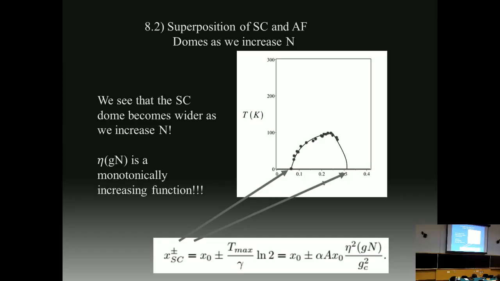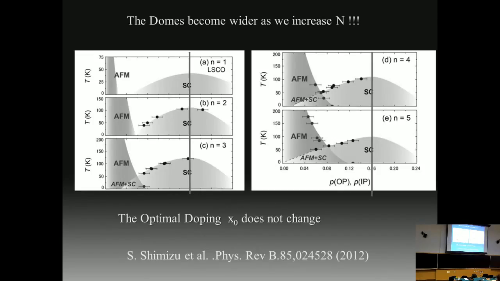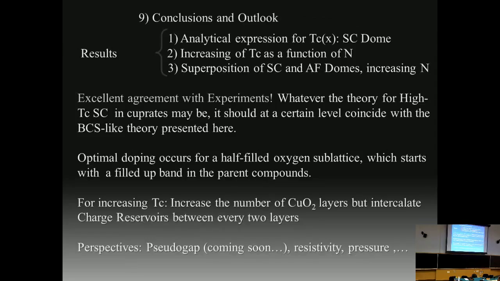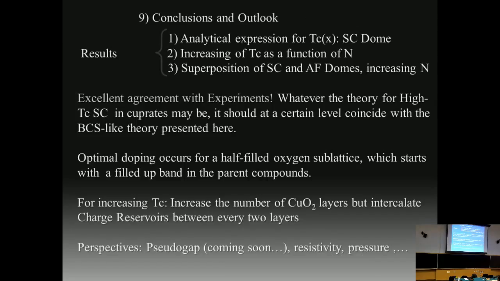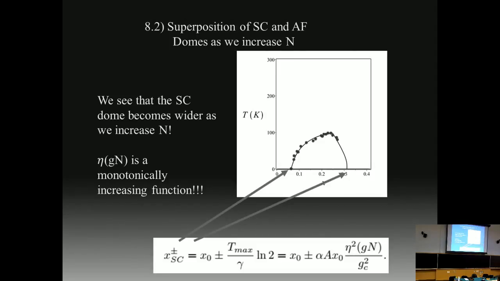I'm about to finish. So it's very easy to understand why this point moves left, because we can see here this increases, there's a minus sign, so this point moves left. So this is quite easy to understand.